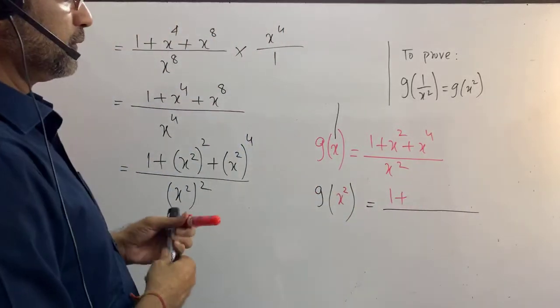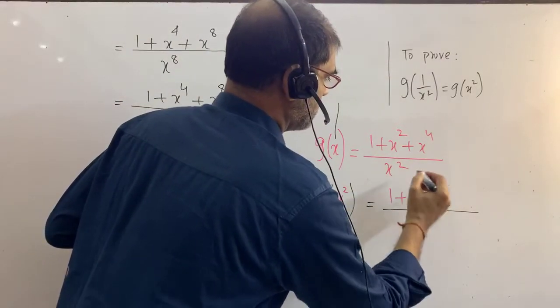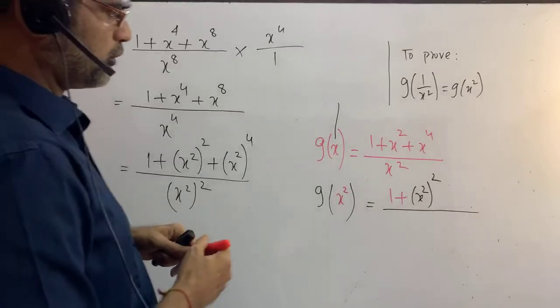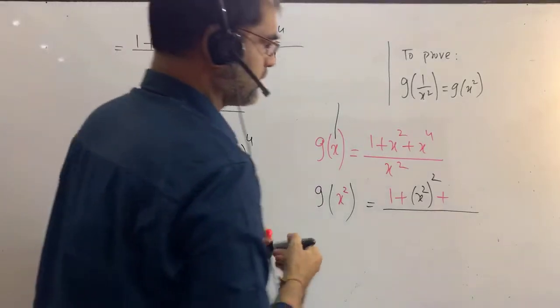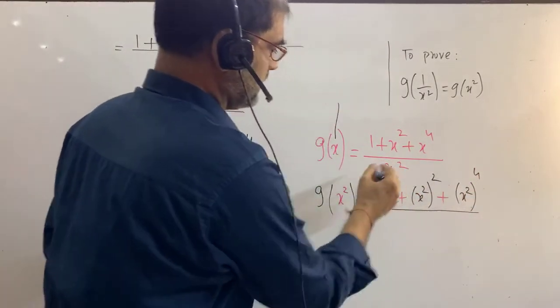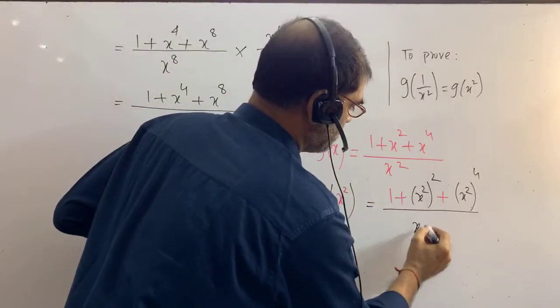For x we will write x square. Again for x we are going to write x square. Suppose it is 4. Now in the denominator we also have x square.